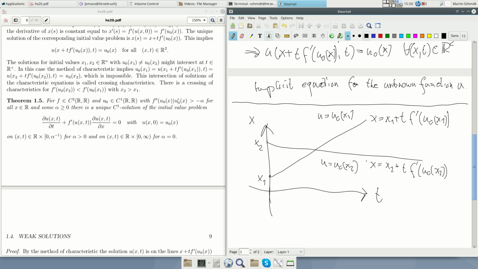Now, of course, if the values of f prime at these two points are different, then these two numbers are different. So we get a contradiction here. This is impossible.